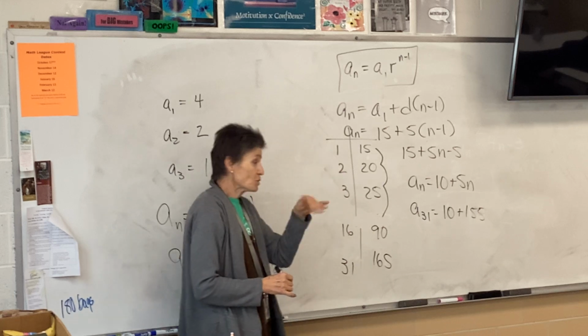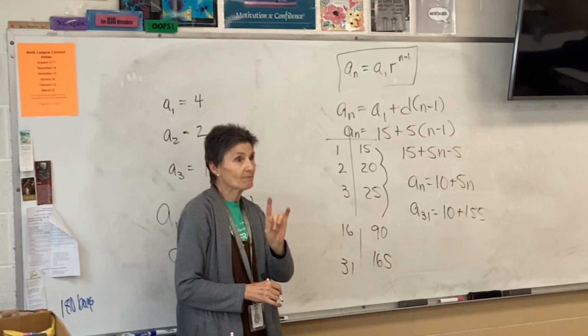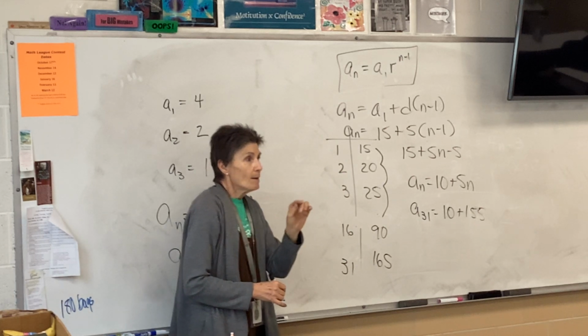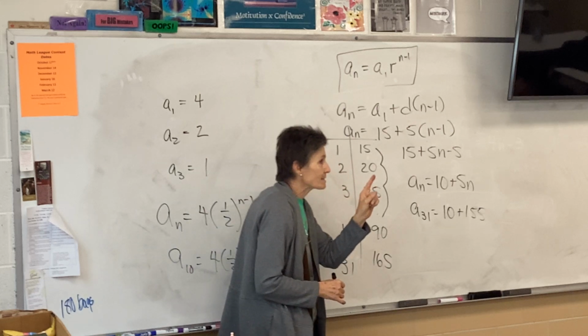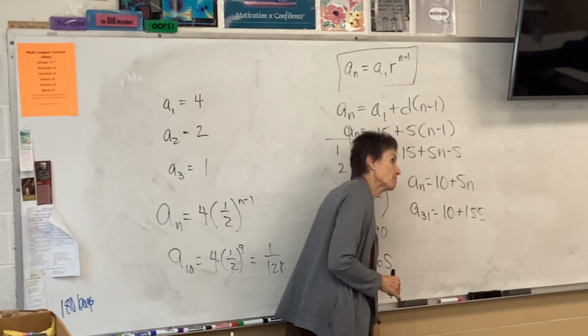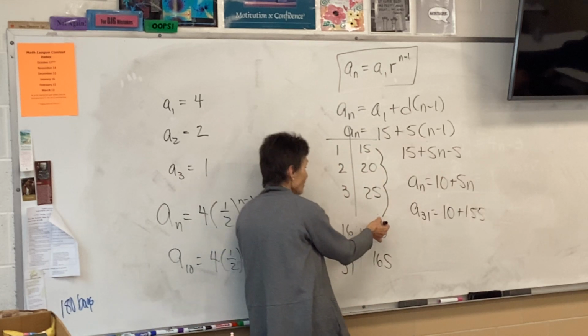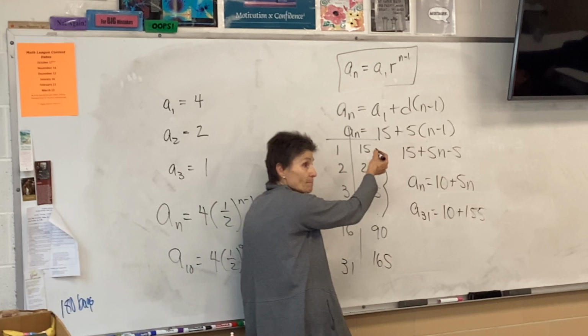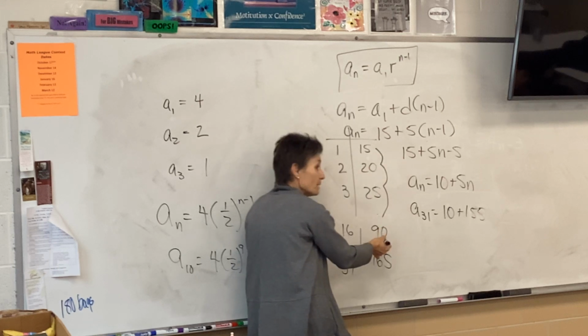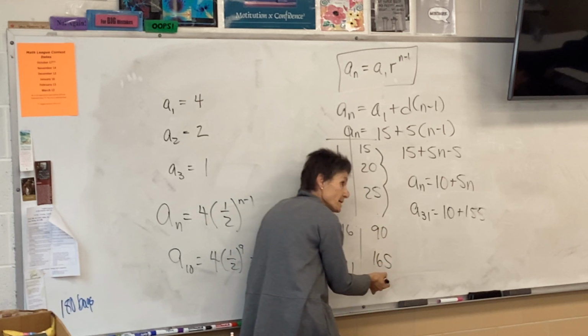Now, the question didn't say find the median, the question said find the average. But in an arithmetic set of numbers, aren't they the same thing? Yes. Because think about it, aren't all of these gonna be less than 90? But these are all gonna be the same amount bigger than 90?